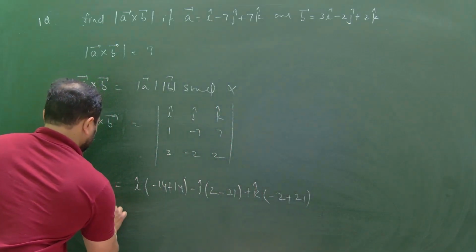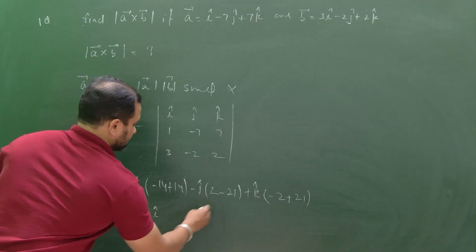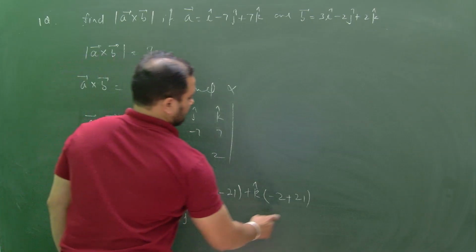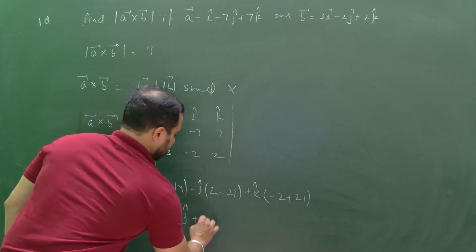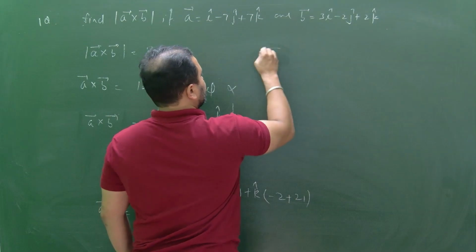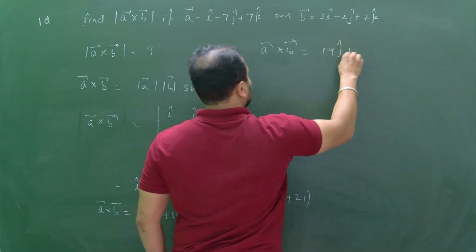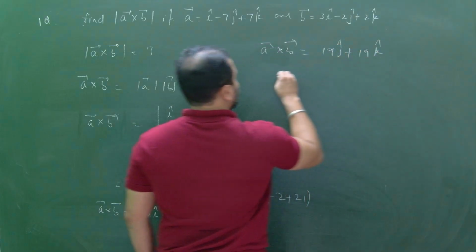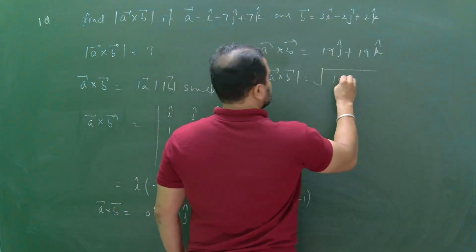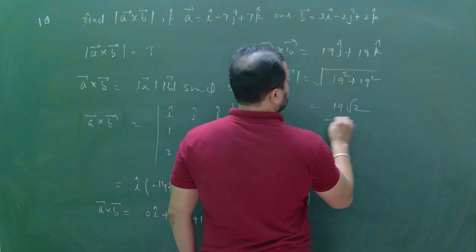So a cross b is equal to 0 of i, this is minus minus plus 19 j cap, यहाँ से भी plus 19 k cap. So now we have a cross b equal to 19 j plus 19 k, and the modulus of this is 19 square plus 19 square, which is 19 square root 2. That is the answer.